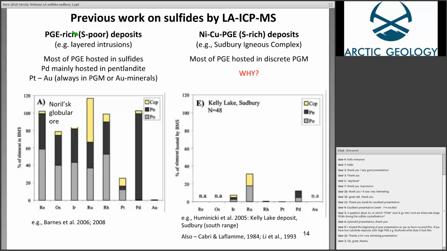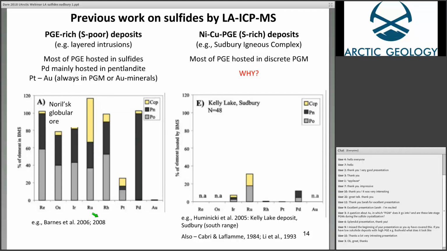Here we go. So here, I put up a mass balance typical for the PGE-rich deposits. In fact, the example I gave was Norilsk. This is globular ore sitting on top of the massive sulfides at Norilsk. But essentially, the pattern is the same for the Bushveld and the Stillwater.